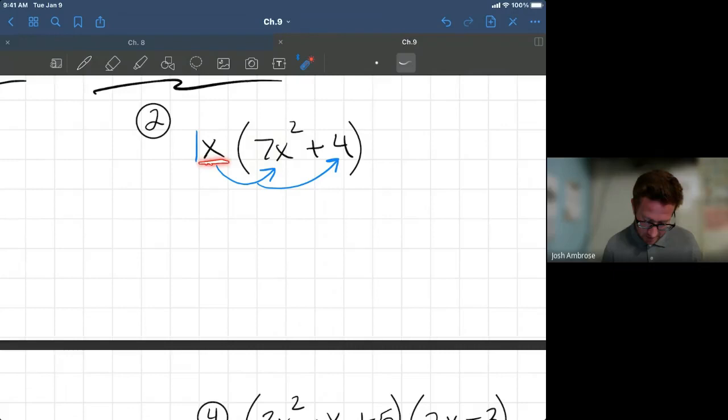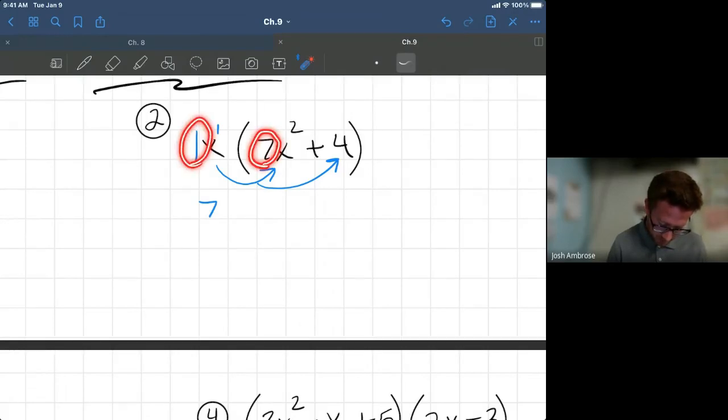There's an x, there's an x, and again, they don't write it, but there's always a 1 exponent right there. So 7 multiplied by 1 gives me 7.